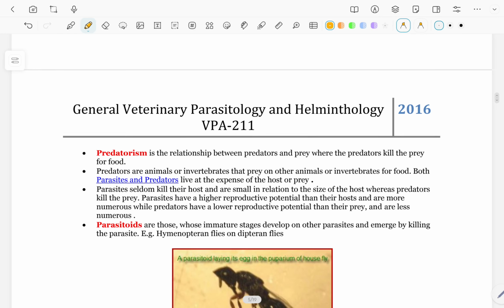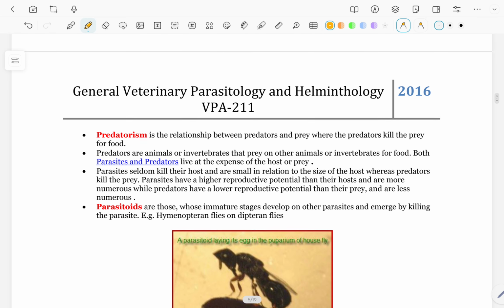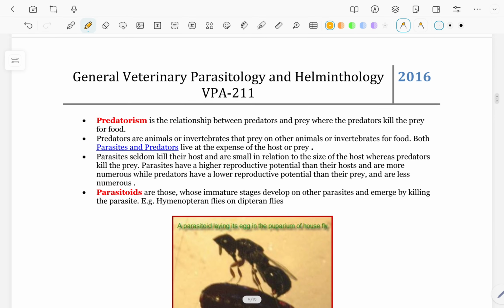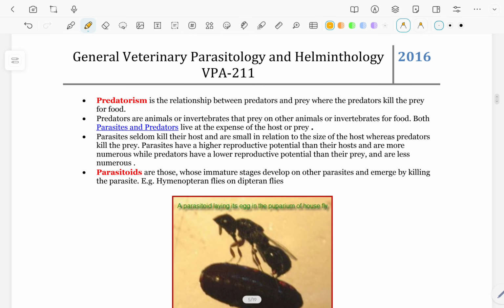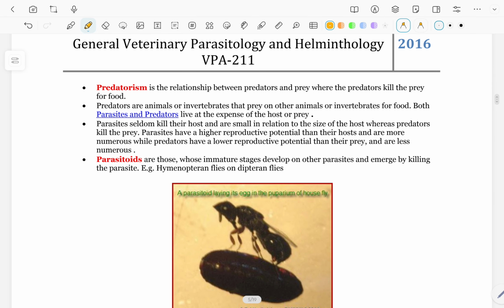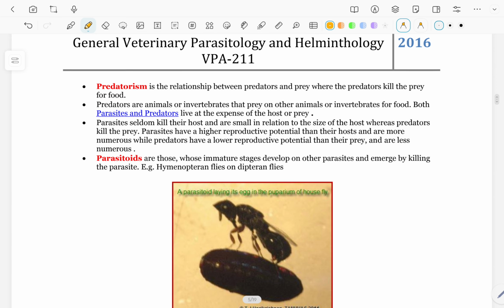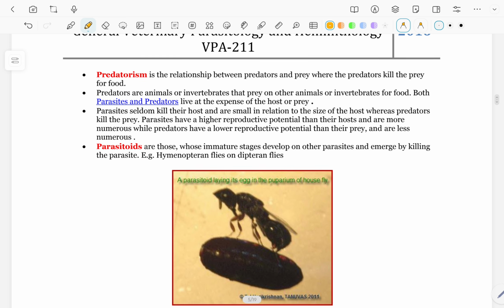Predatorism. Predatorism is the relationship between predator and prey where the predators kill the prey for food. Predators are animals or invertebrates that prey on other animals or invertebrates for food. Both parasites and predators live at the expense of the host or prey.